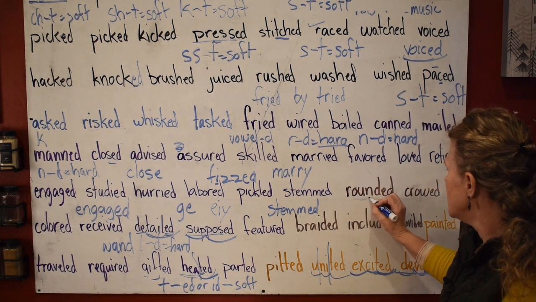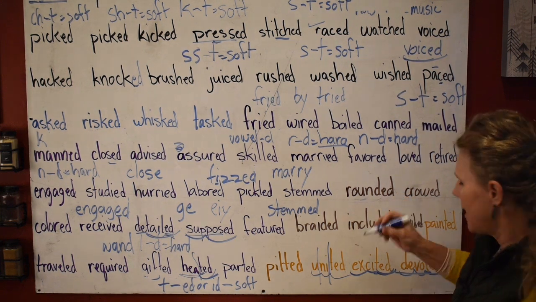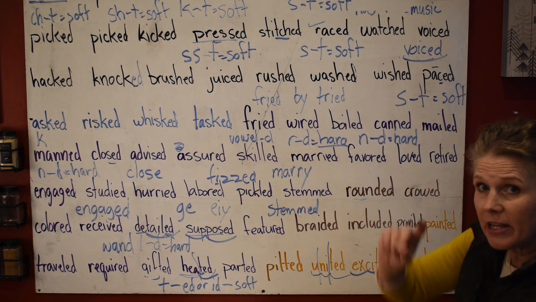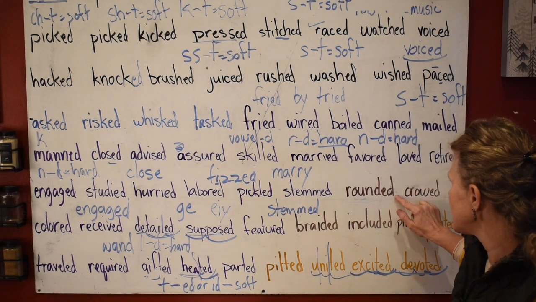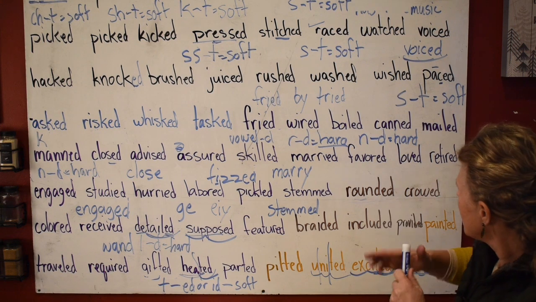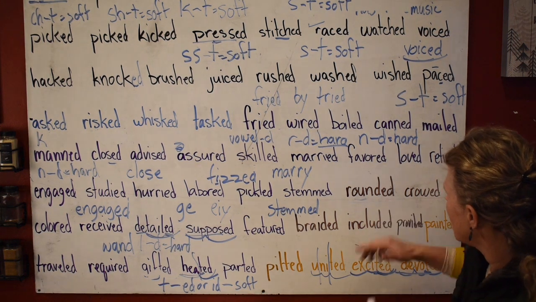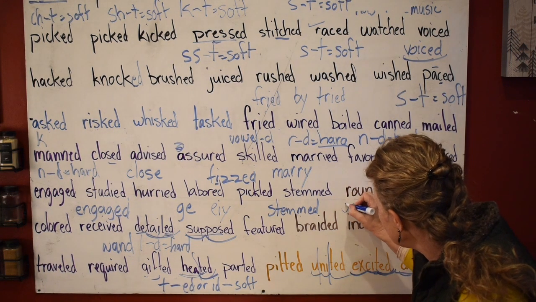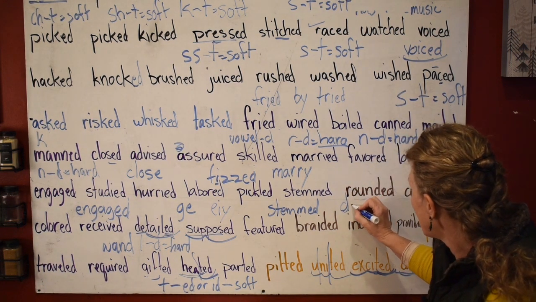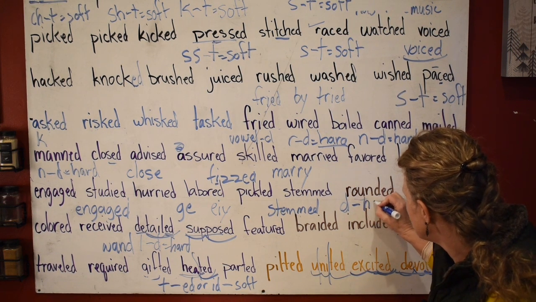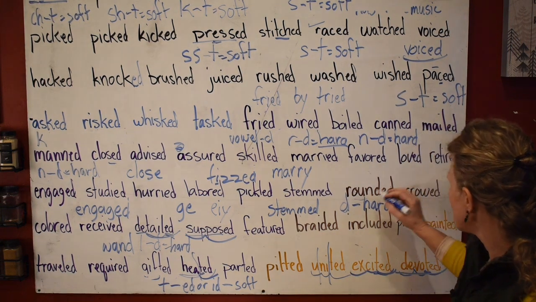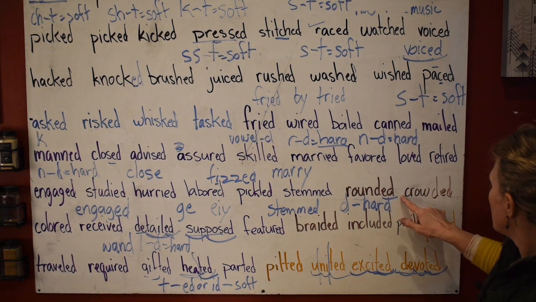So if it has the D at the end of its base word, you're going to say ed. See, the D is the hard sound. So look, the D goes to the hard sound when you're putting on your ED.